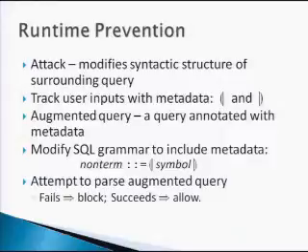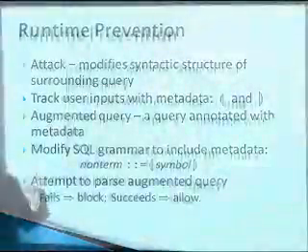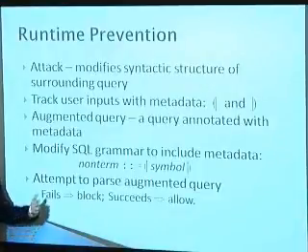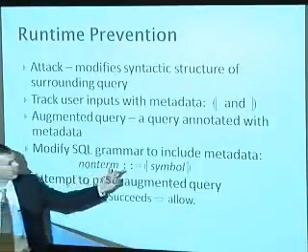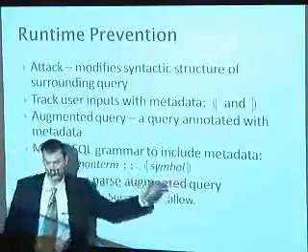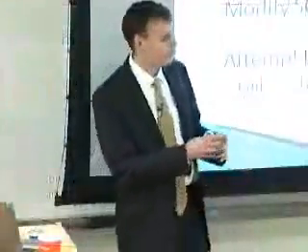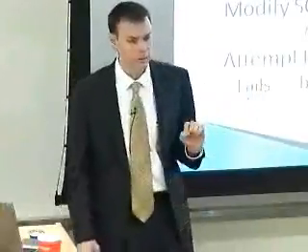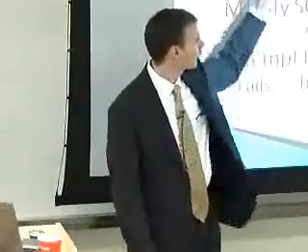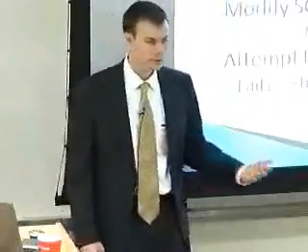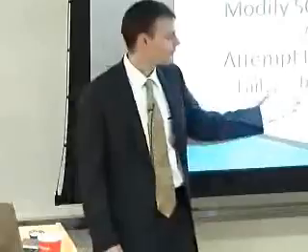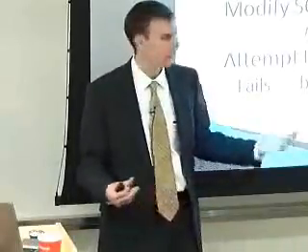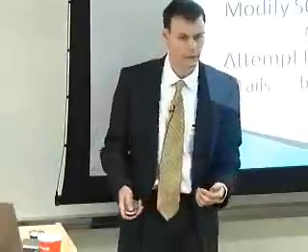Then we're going to modify the reference SQL grammar to include these delimiters. And the productions we'll add will have this form: some non-terminal goes to delimiter, single symbol, delimiter. Because recall, we want the input to be able to be summarized by a single symbol. And so then if we can parse the augmented query with the augmented grammar, then it's okay and we'll allow it. And if it fails, then if it's not actually an attack, it's a garbled query, and we don't want to send it on anyway, so we'll block it.